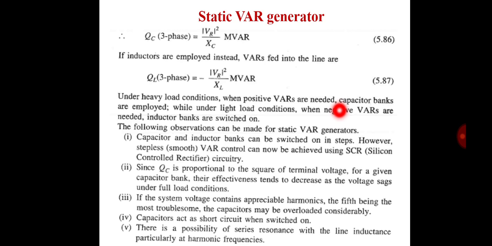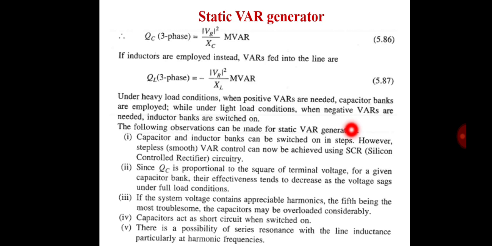So under heavy load condition, when positive VAR is needed, capacitor banks are employed, while under light load condition, when negative VARs are needed, inductor banks are switched on. For a positive VAR we connect the capacitor bank, and for a negative VAR we connect the inductor bank.